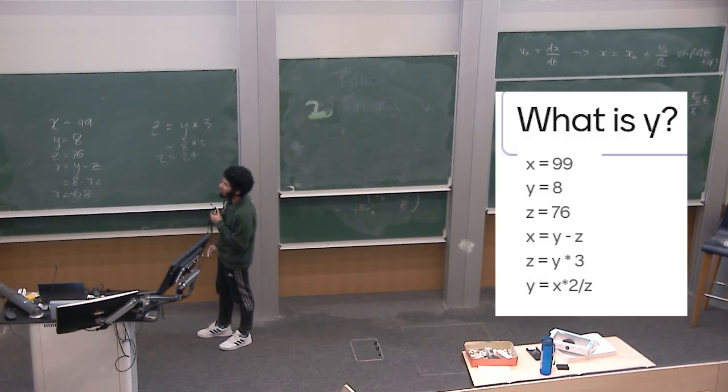Then we have y is equal to x times 2 divided by z. Okay, so x, that is minus 68, times 2, divided by 24.